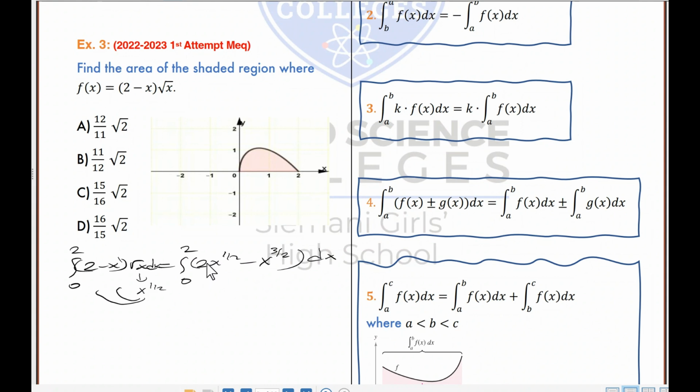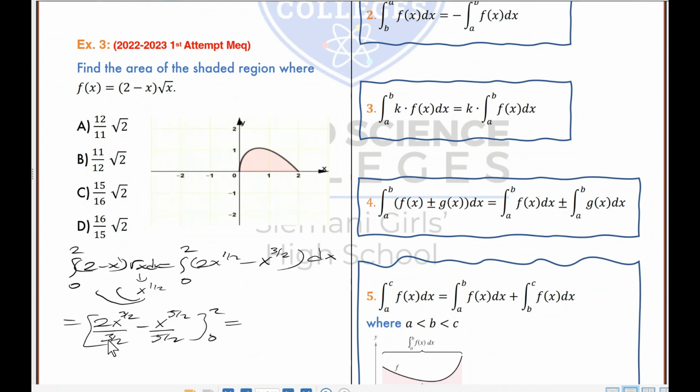Now, the integral of the first one, 2x to the 1 over 2: increase the power by 1, 1 over 2 plus 1, 3 over 2, divided by 3 over 2. Let's do it as a second step. For the second term, x to the 3 over 2: increase the power by 1, 1.5 plus 1, 2.5, so 5 over 2, over 5 over 2.